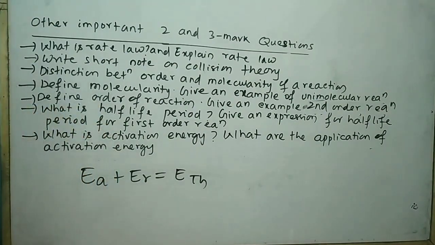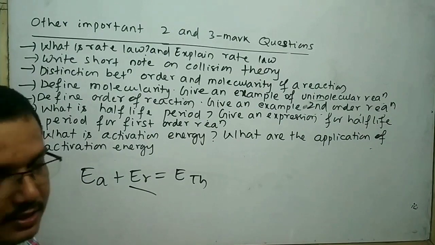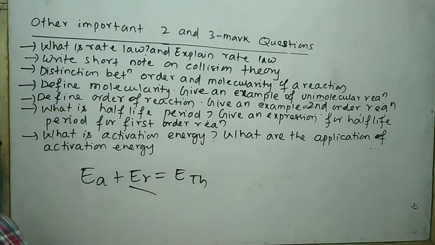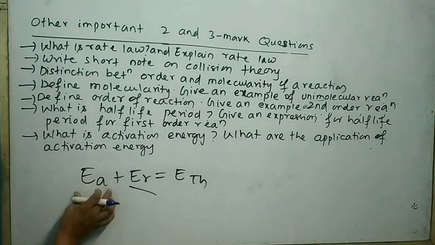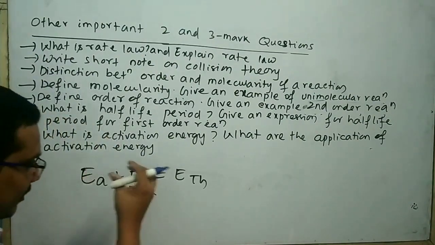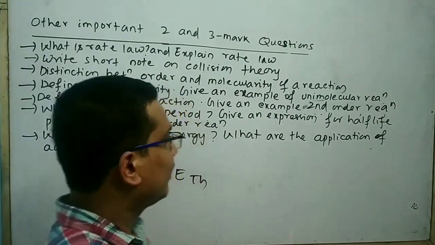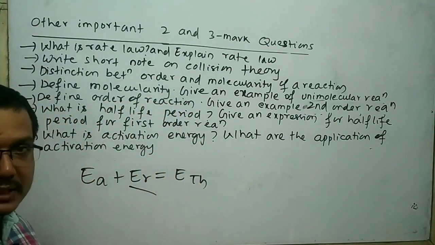Remember an important point, every reactant has a certain amount of energy, that is called reactant energy, that is the energy of the reactant. When we apply activation energy, then the reactant attains the threshold energy. That's why the reaction can start. There are many applications of activation energy.